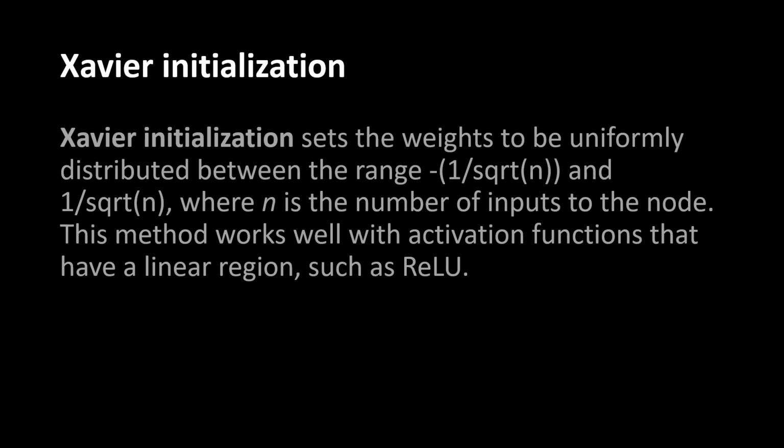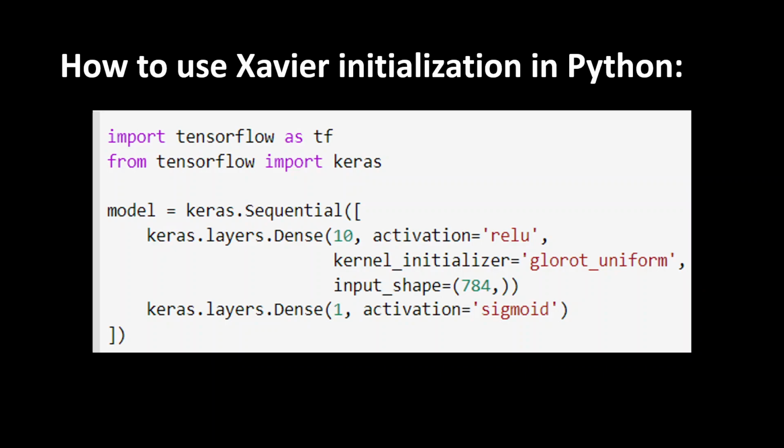This method works well with activation functions that have a linear region. The activation function which has a linear region is ReLU. Here is a sample representation of how we work with Xavier initialization in Python.